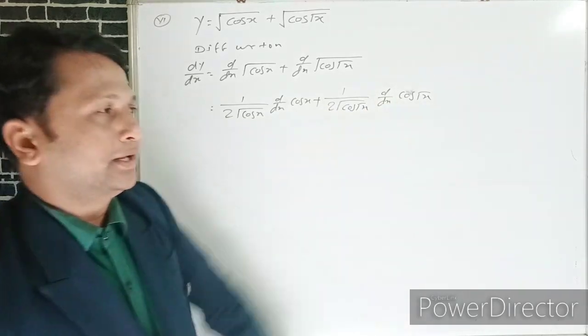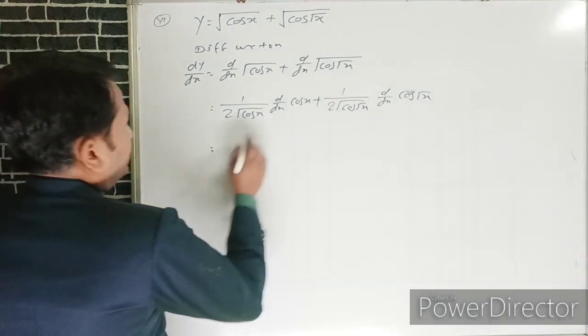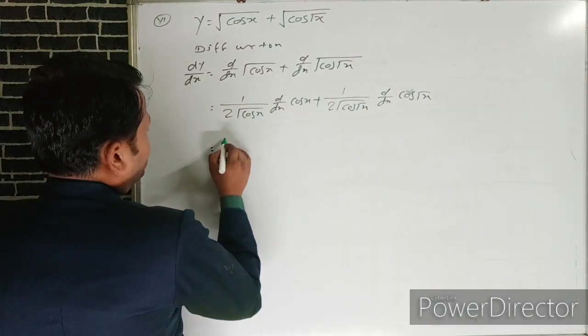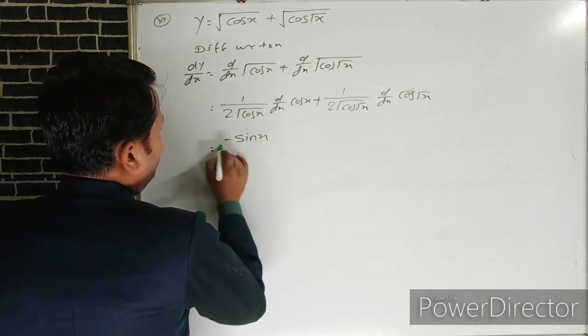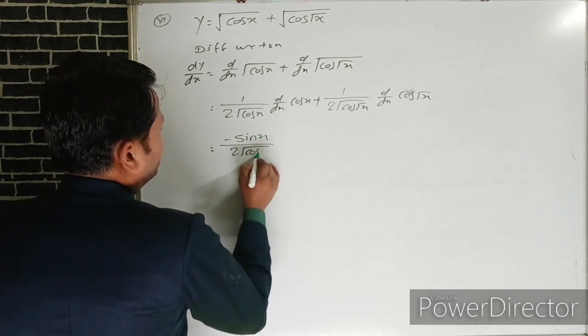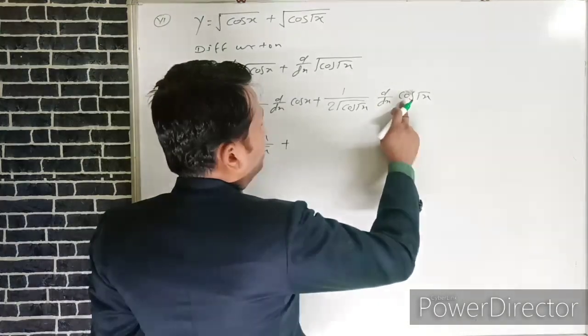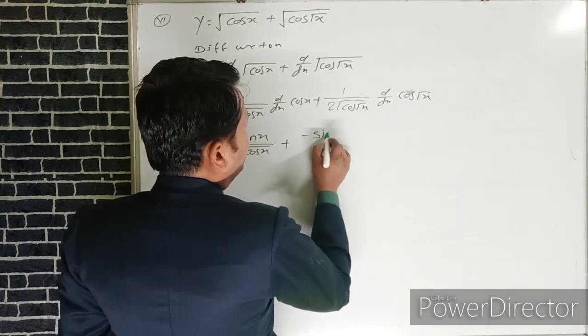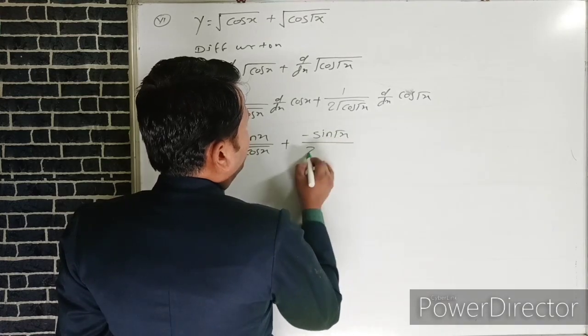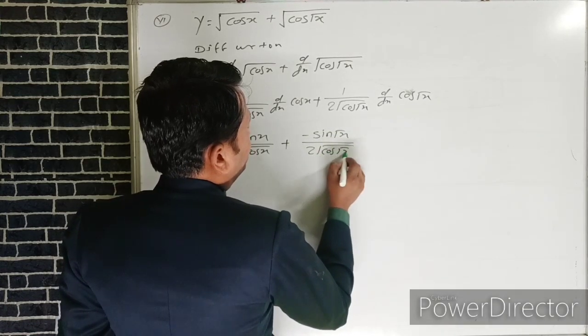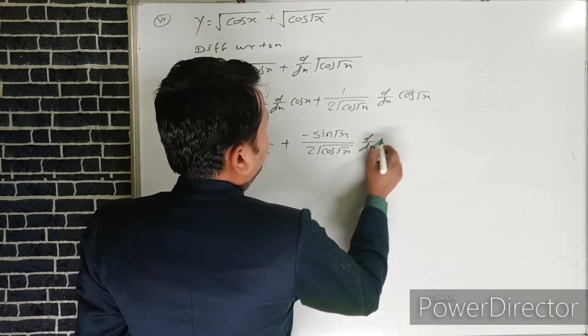Similarly we can apply here. The derivative of cos x is minus sin x, hence we can write minus sin x upon 2 under root of cos x plus the derivative of cos root x is minus sin root x upon 2 under root of cos root x into again a derivative of root x.